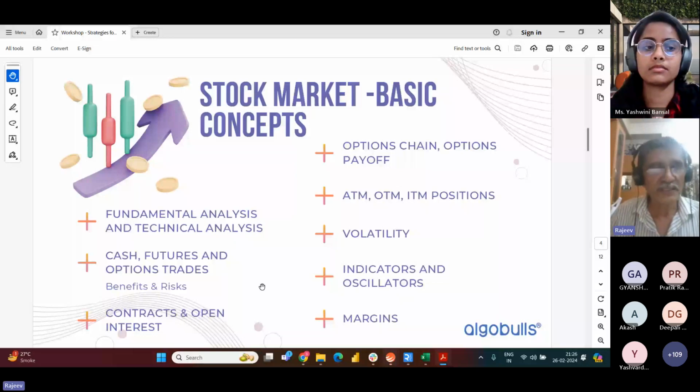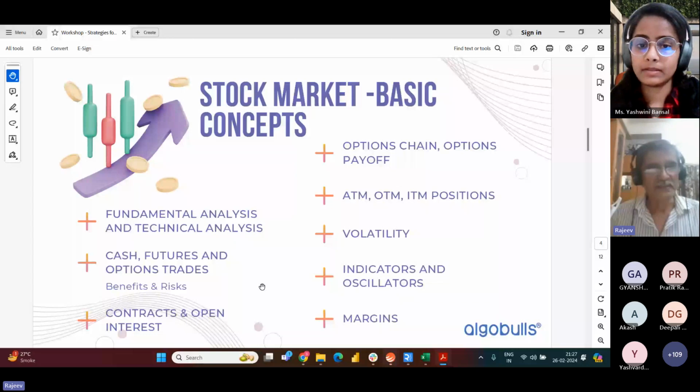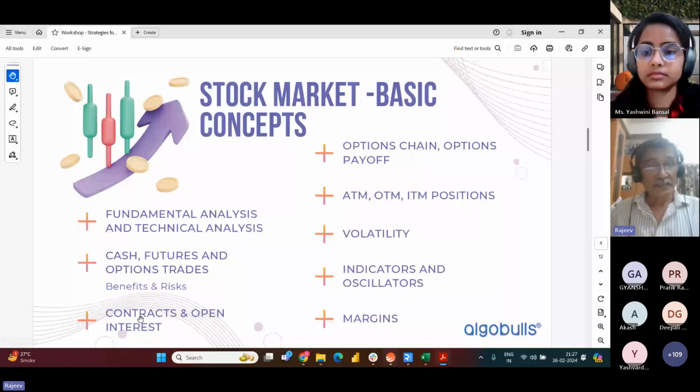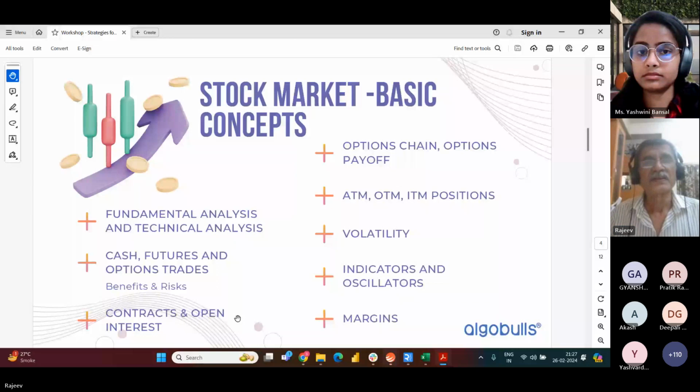So if you have bought something in futures, you have to sell that position and settle it. Till that time, the contract remains open, and that is called the open interest. So open interest is nothing but the number of contracts that are open at any given time until expiry.